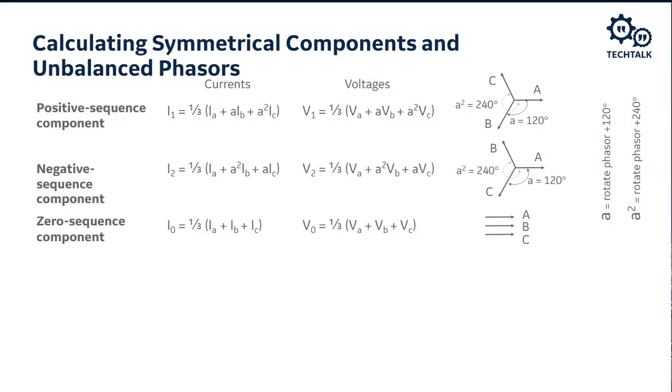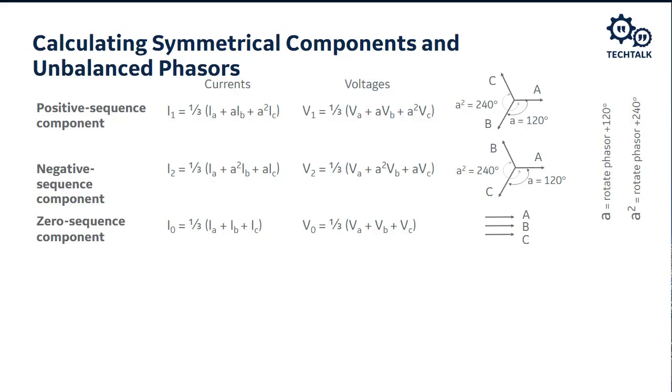The A squared operator is going to shift it by 240 degrees. So if I take C phase sitting at minus 240 degrees, and I shift that by 240 degrees, it's going to bring the C current, or the C voltage, in phase with A phase, so that I can sum those together.